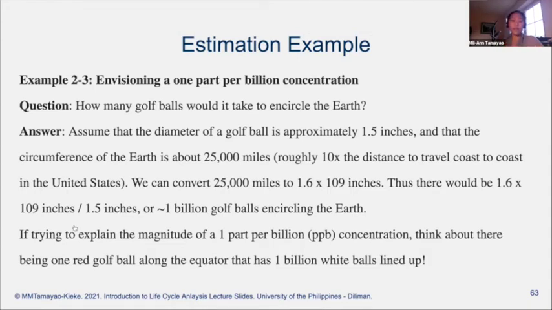So this is just a way to help us make more sense of the data, of the values that we come up with in our studies. And that is a very useful step that we always have to take, no? Because when we try to envision these things, it actually helps us come up with more insights about the results from our studies. It's not just a matter of reporting the numbers themselves, but actually interpreting what those numbers mean.